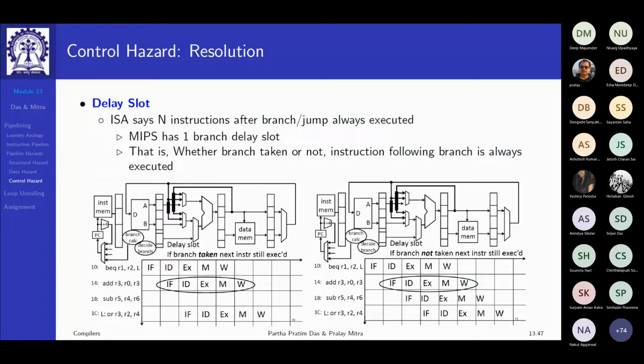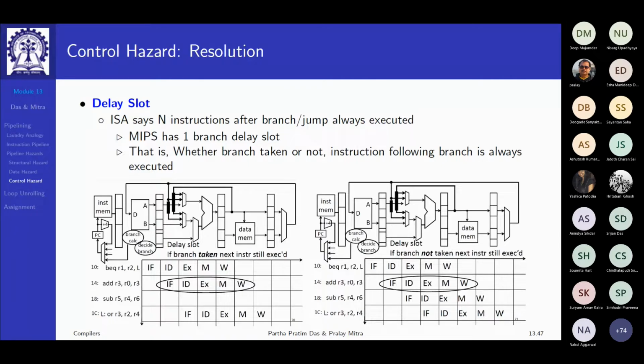Otherwise, what we think is that if we have a branch, a jump, and there is not a fall through, then the jump will immediately happen. And if the jump happens, then the next instruction is not executed. So the delay slot is a deviation from that. So suppose I have one branch delay slot, which is what MIPS has. It means that whether a branch is taken or not, the instruction immediately following the branch will always be executed. Okay? So it means that you have to schedule instructions keeping this in mind.